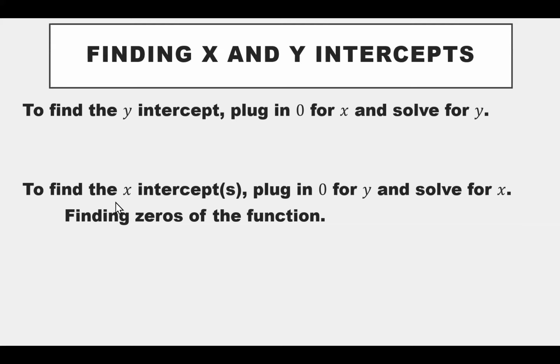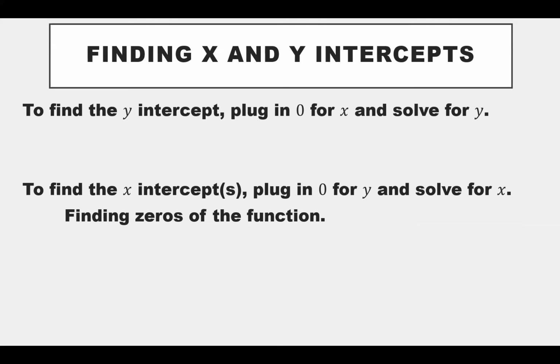And in a similar move, if I want to find the x-intercepts, I just need to plug in 0 for the y, so 0 for the output, and then solve for x. This is the same as finding the zeros of the function. Those x values will be zeros, and then the x comma 0 becomes the x-intercept.